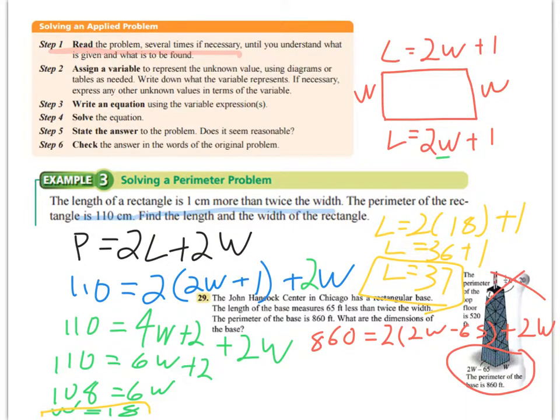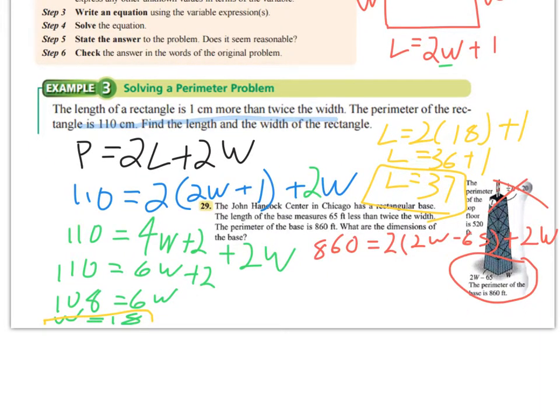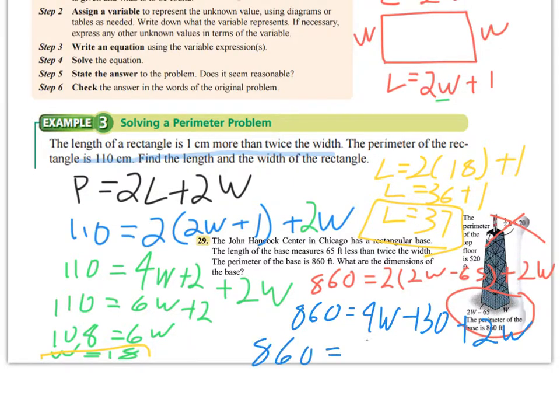So we would want to simplify that. I'm going to drag this slide up a little bit so I've got some room. So we would distribute the 2. When we do that, we get 4W minus 130 plus the 2W, and that gives us 6W plus 130.